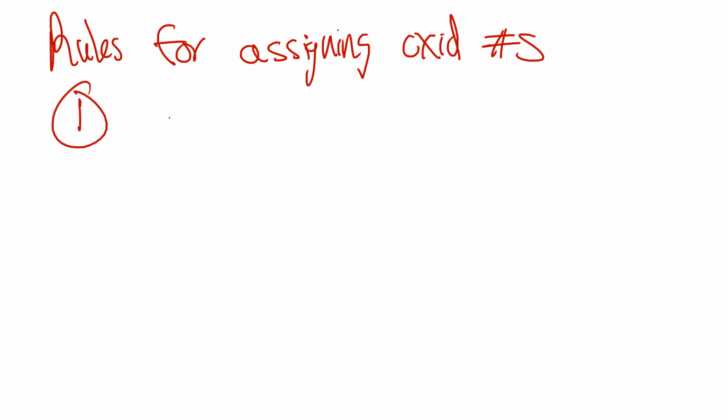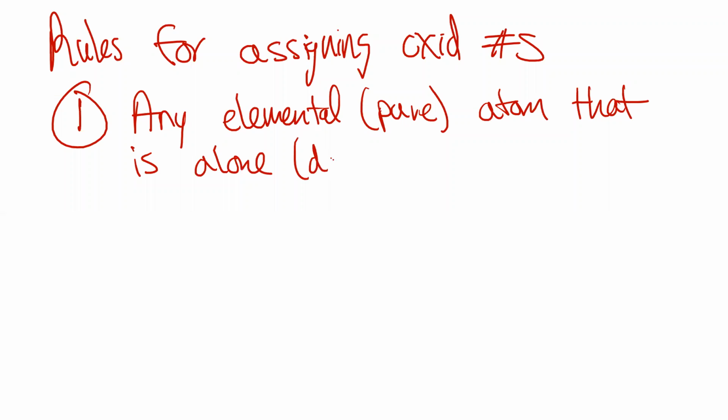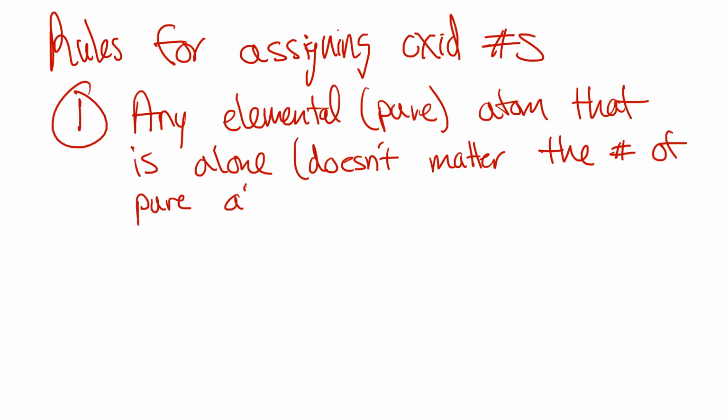Rule 1: any elemental pure atom that is alone, doesn't matter the number of pure atoms. As long as the atom is by itself, it's an elemental substance.